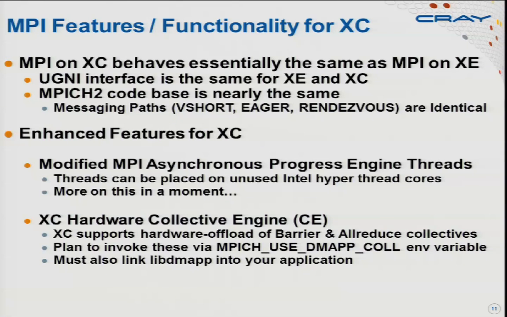This is an interesting one. It's touted as being great. It does have fast barriers implemented in hardware. I will also admit, as an application engineer, most of the time if I see barrier taking a long time, the first place I look is some kind of load imbalance, either in the code or even induced by something.